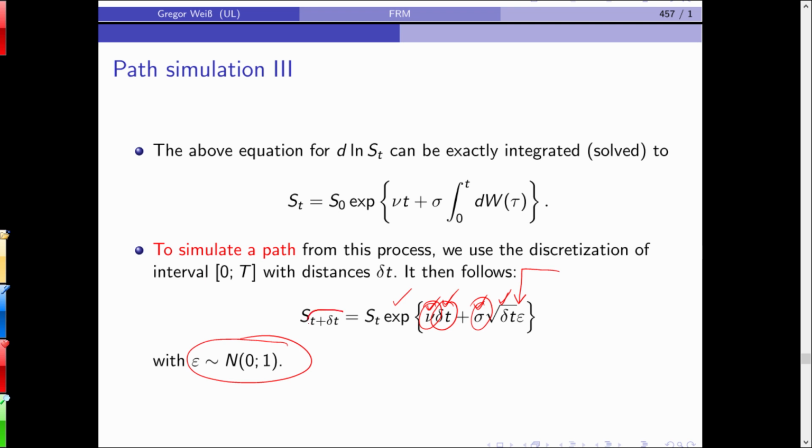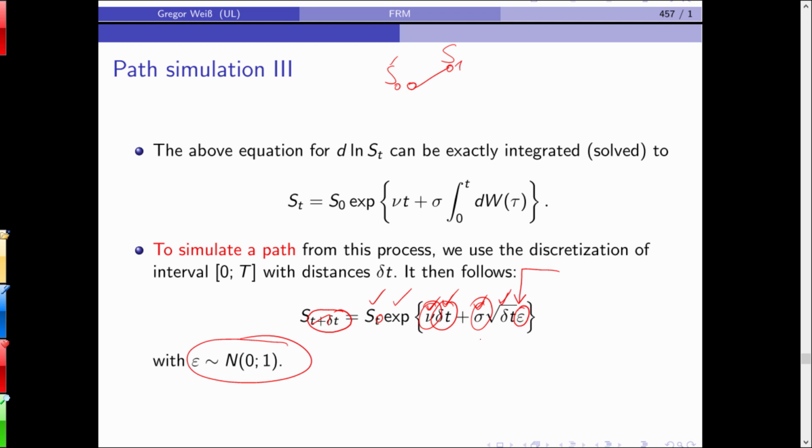And you're looking at the next stock price under the assumption that you know the previous stock price. So you start, for example, here at S0, then you calculate S1. Then this would be S0, this would be S1, and of course you know S0, and this is the only thing that changes.